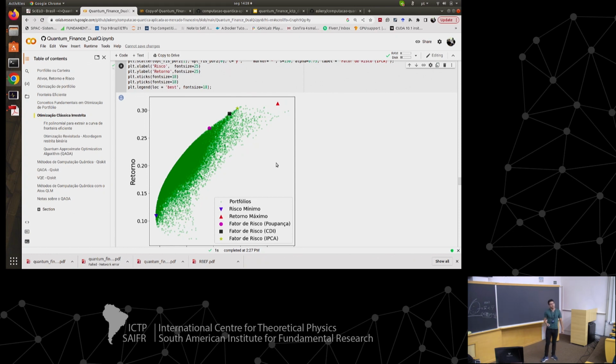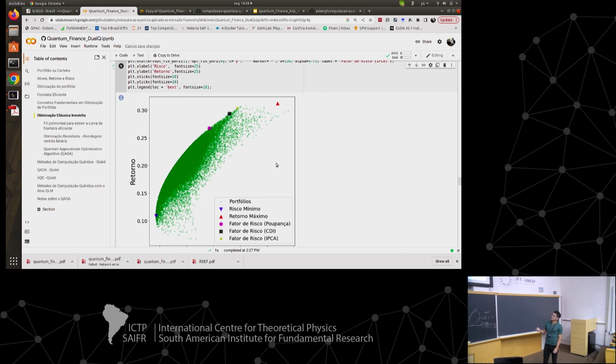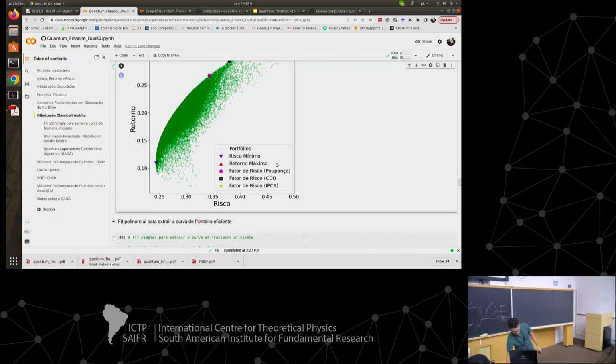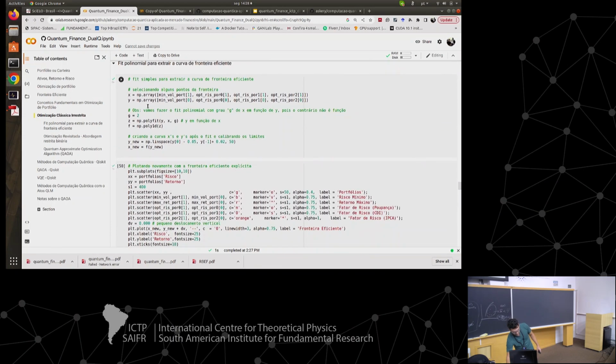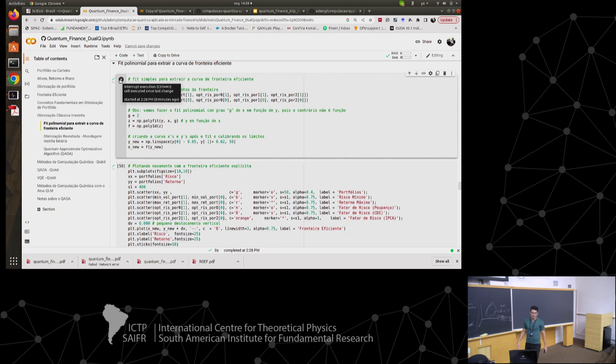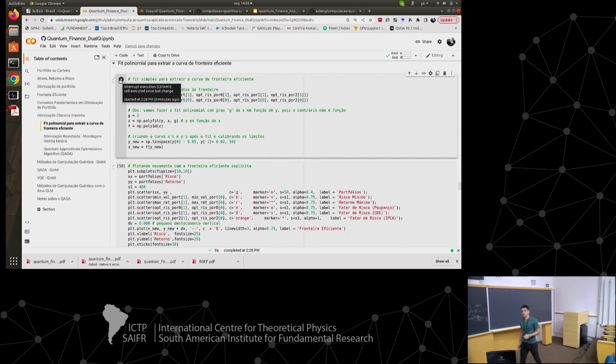Yes, but the return in function of x is not a function, because for the same x, you have many y's. It's not a function. So what would you do? What would be the trick? The trick is here. Let's see if someone could see.